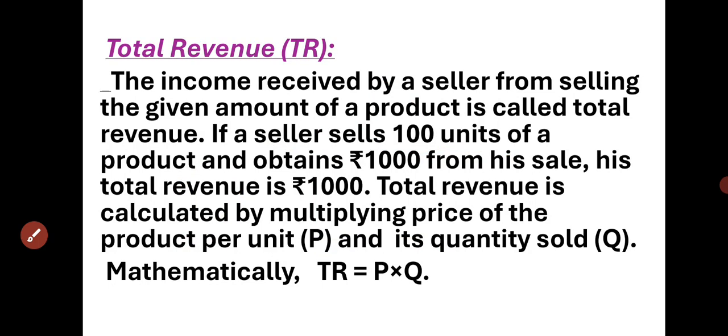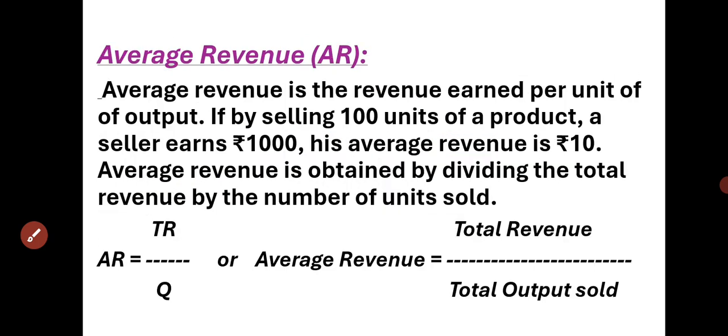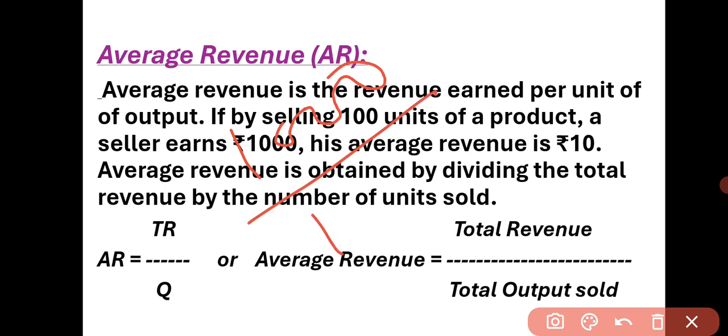Then we will discuss what is average revenue. Average revenue is the revenue earned per unit of output. If by selling 100 units of a product, a seller earns 1000 rupees, what is his average revenue? His average revenue is 1000 divided by 100, that is equal to 10 rupees, right?